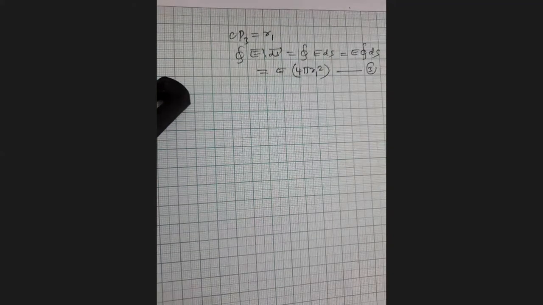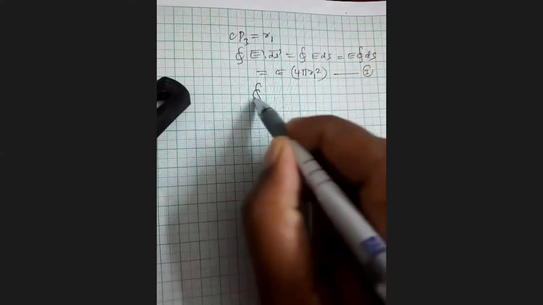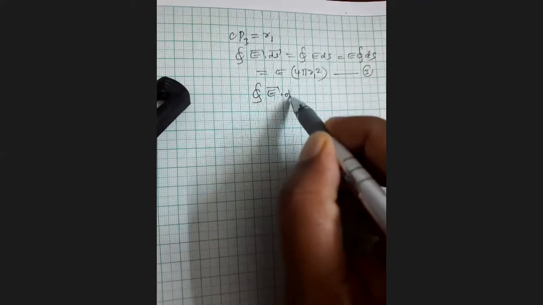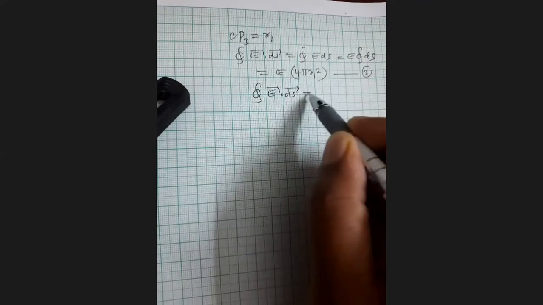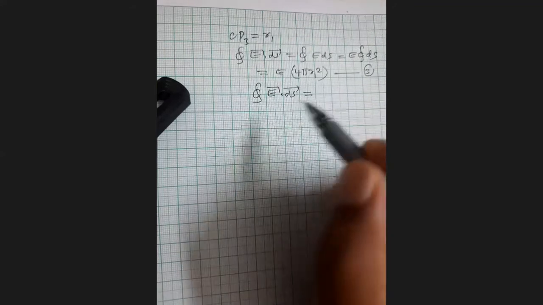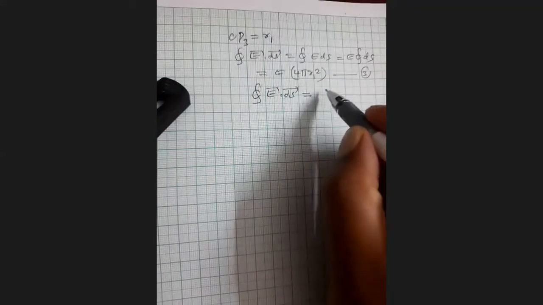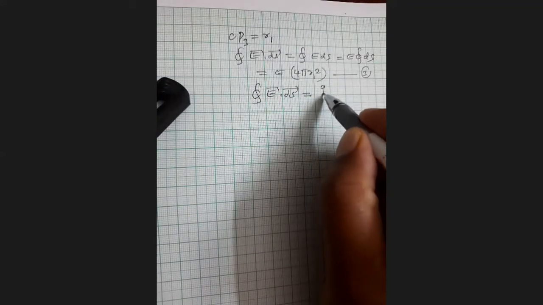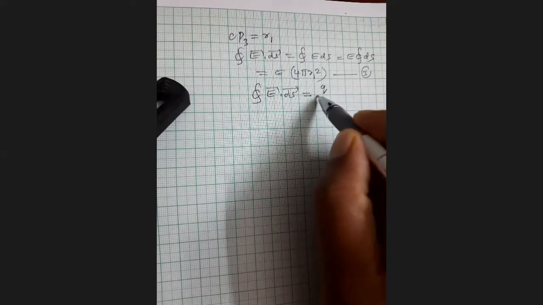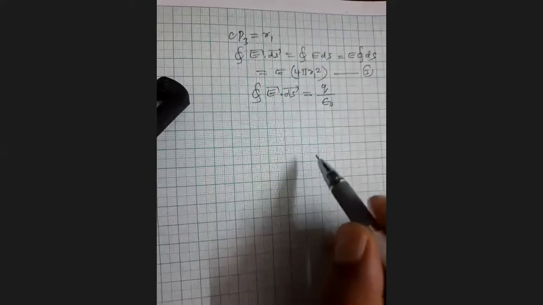But according to Gauss law, closed integral E bar dot ds bar means what? The flux coming out through that Gaussian spherical surface is equal to the charge enclosed by that closed surface, Q by epsilon naught.